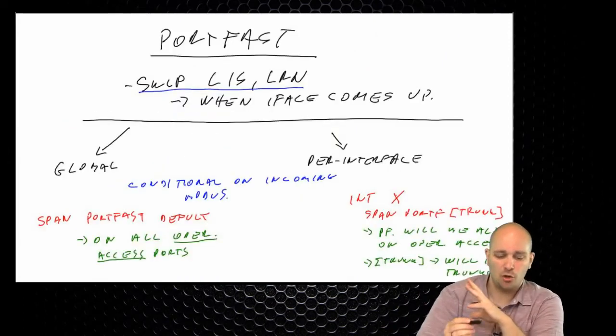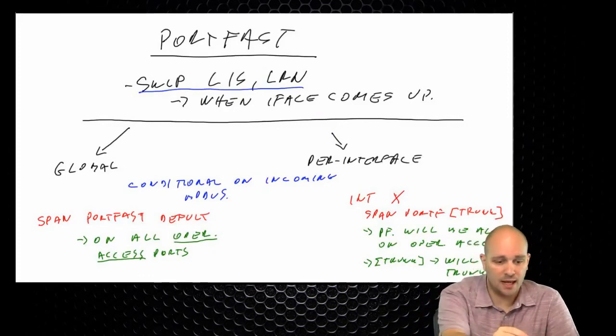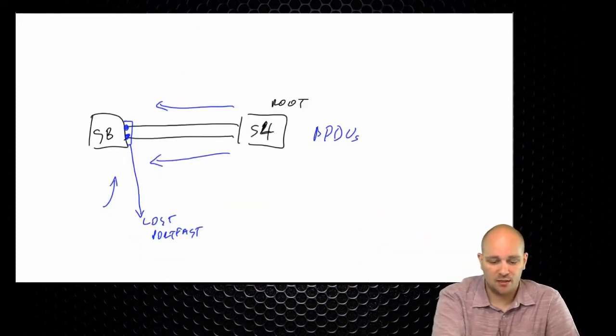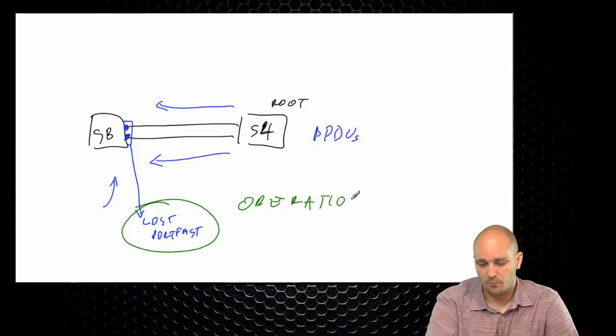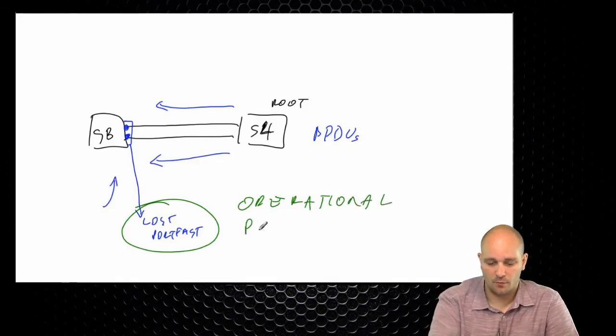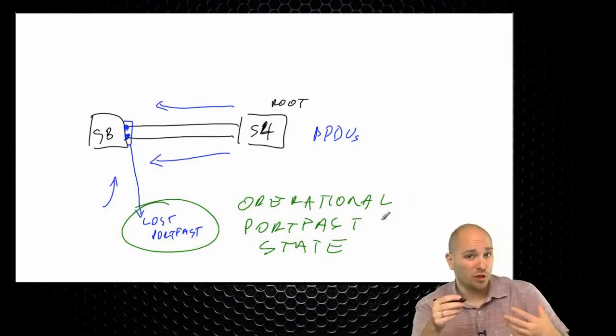Now, one of the most important things from this that I would like you to take is that there is this concept here of operational Portfast state. Now, this is very different from what is actually configured on the interface.